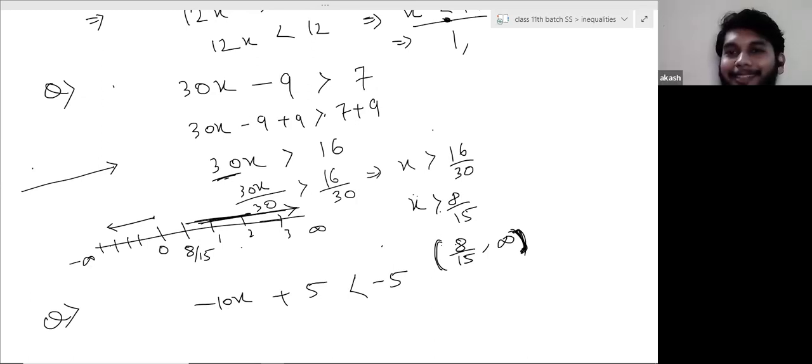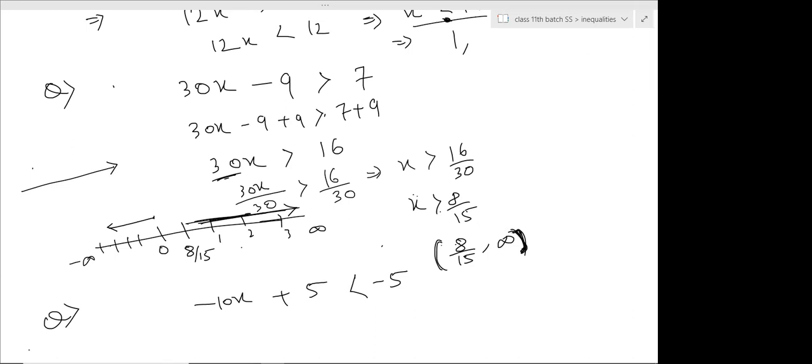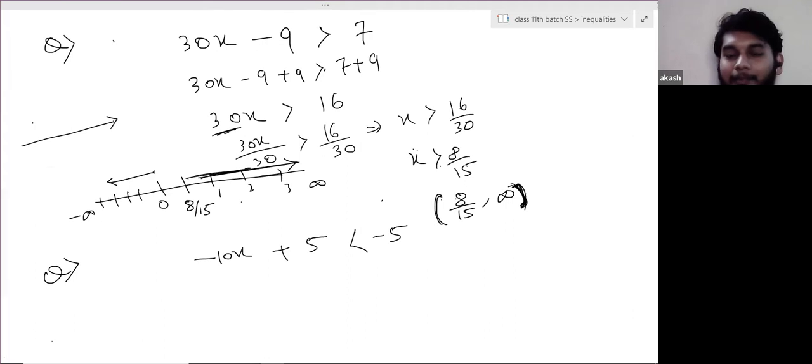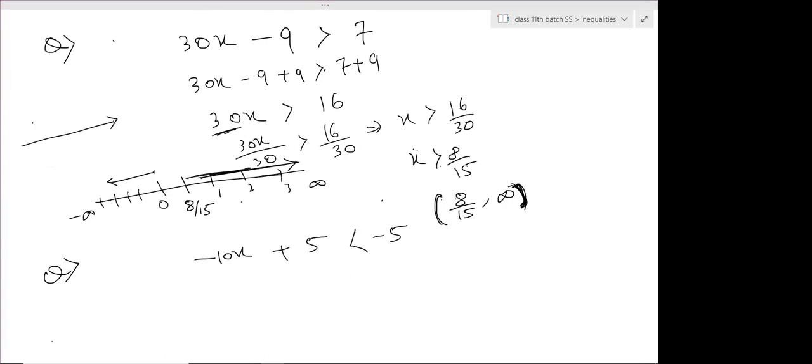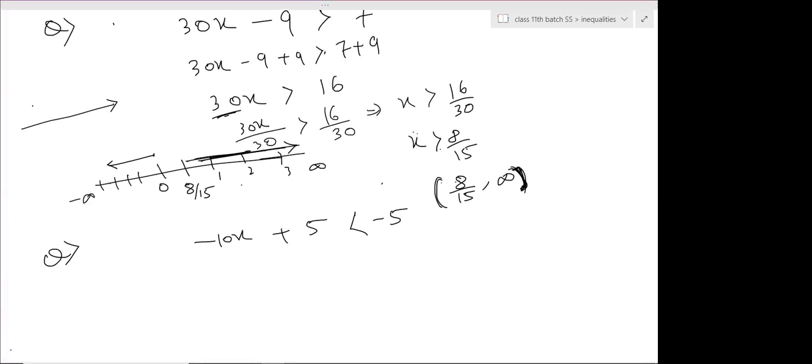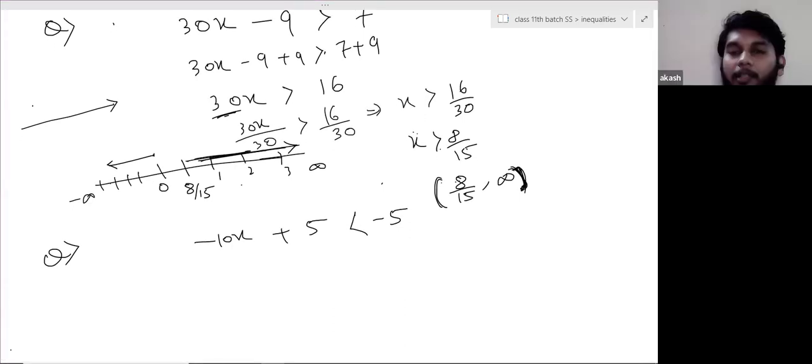Iram, I need the answer in intervals. So is this till this correct? Yes, that is correct. Fahad, not infinite to 1. We don't write like that.